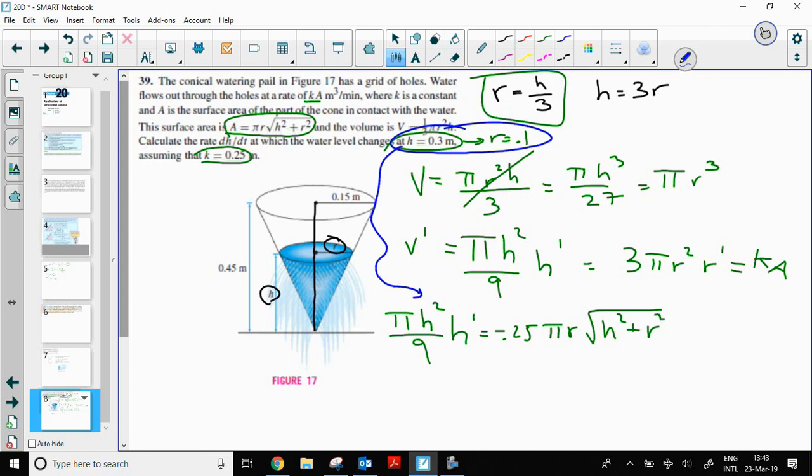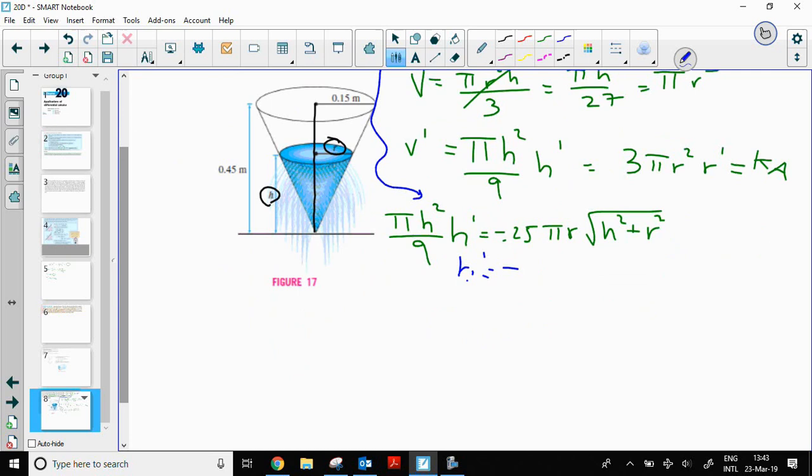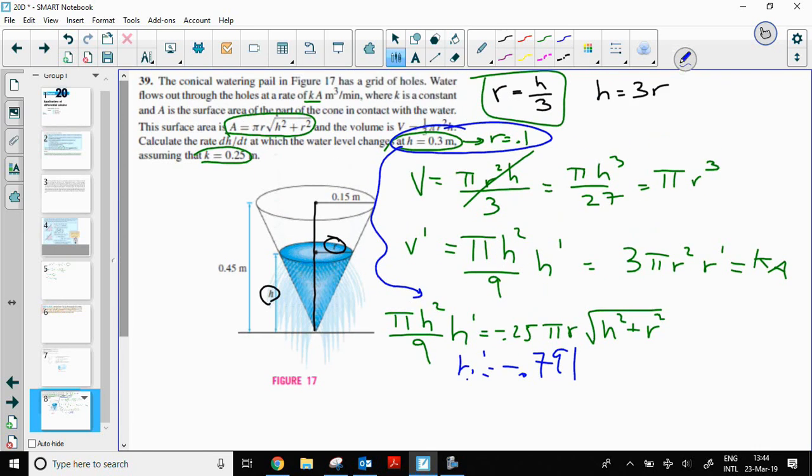And then we're just solving for h prime. From there, the problem's easy. We're going to get h prime should be equal to, well, it'll be a negative 0.791, a whole bunch of other digits after that. But that's all. Once we get to here, it's actually very simple. We just need to substitute values in.